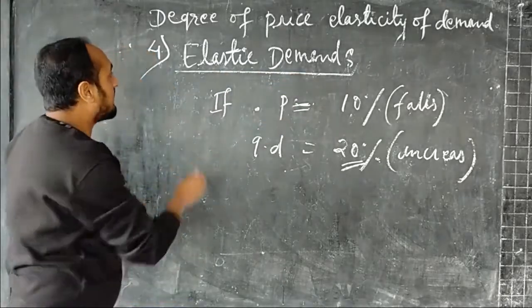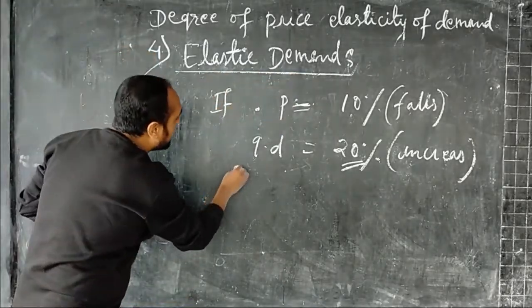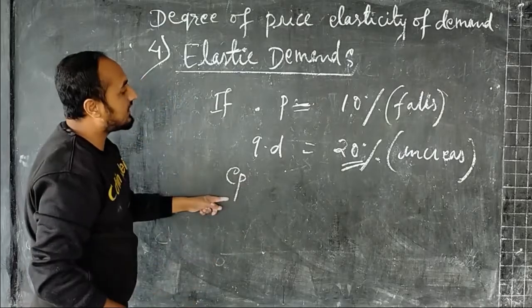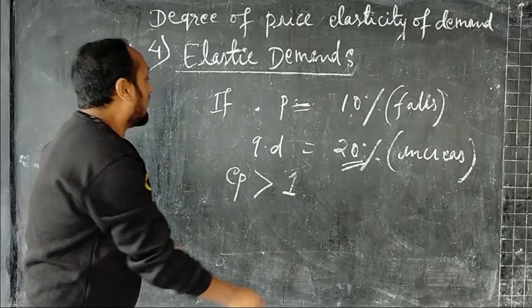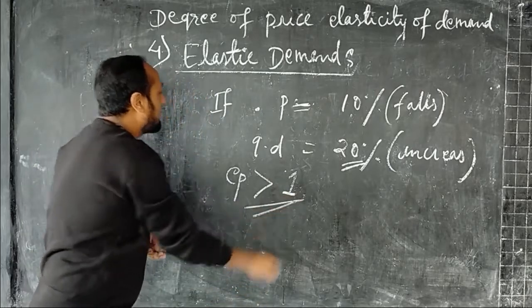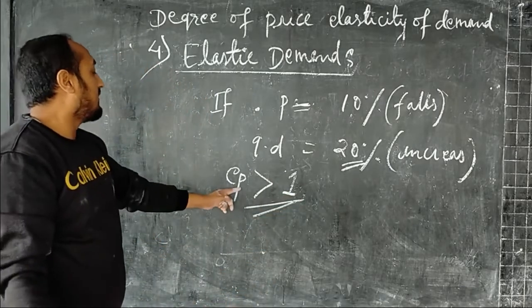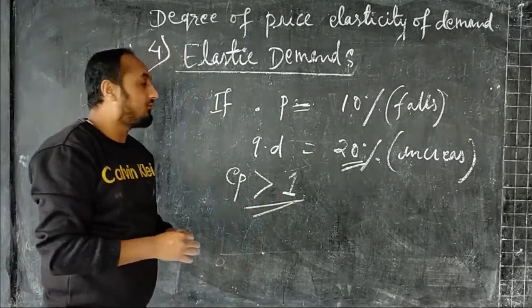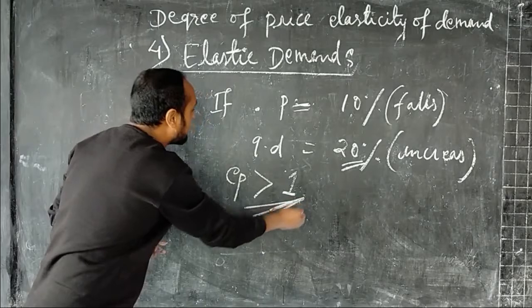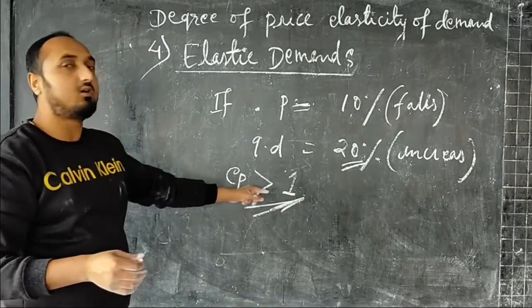So here, in the case of elastic demand, we will get the value of price elasticity of demand greater than 1. Now, how will we get this value of price elasticity of demand greater than 1?